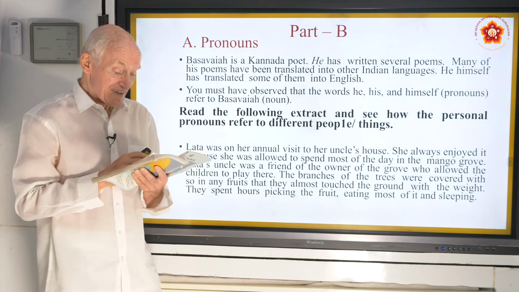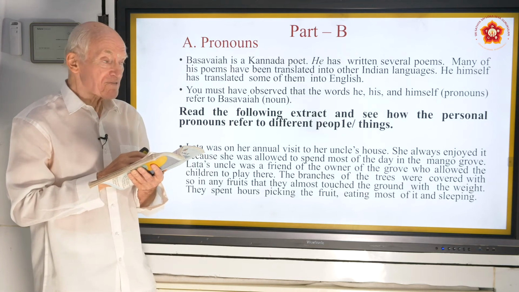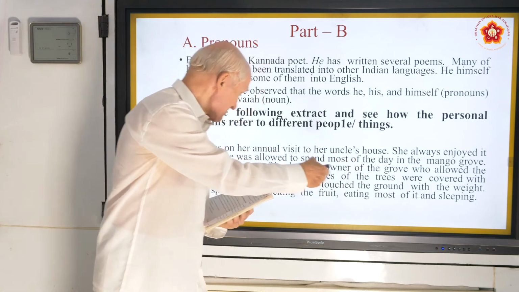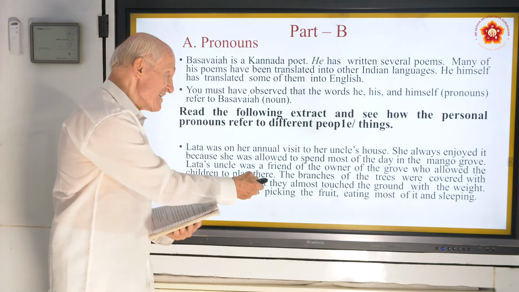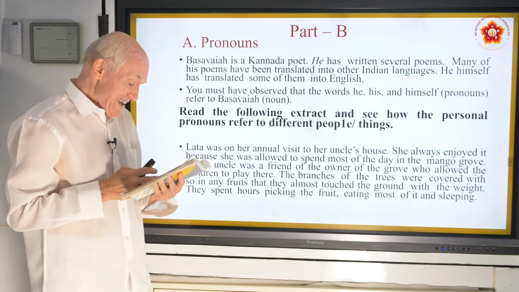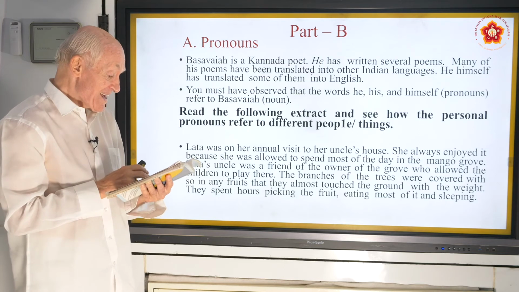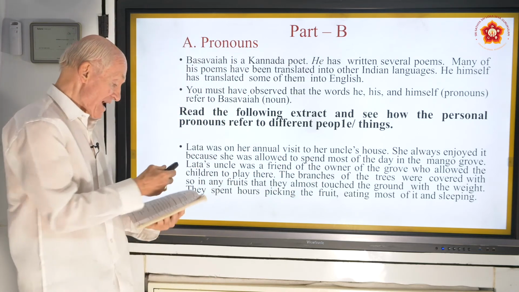The branches of the trees were covered with so many fruits. Okay? They were covered with so many fruits that they, referring back to the fruits, almost touched the ground with the weight. Now we have another they: they spent hours.